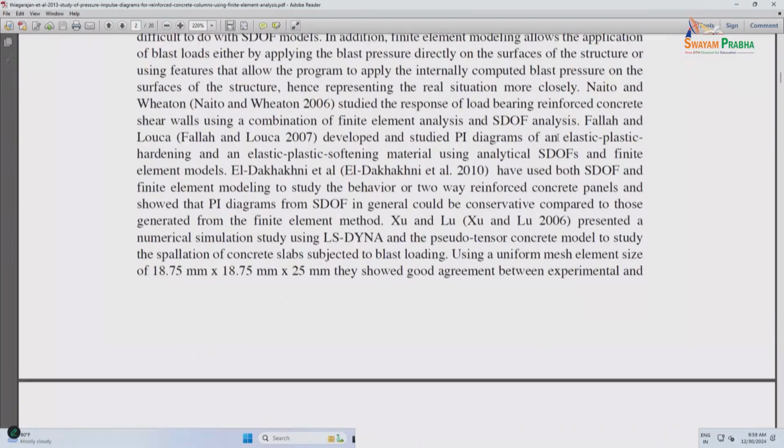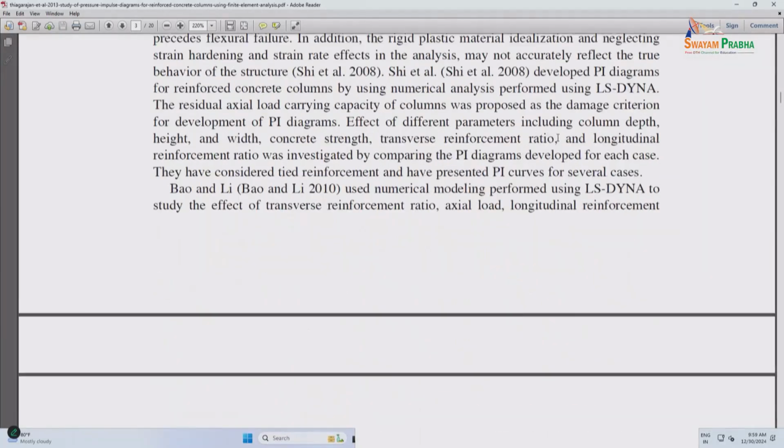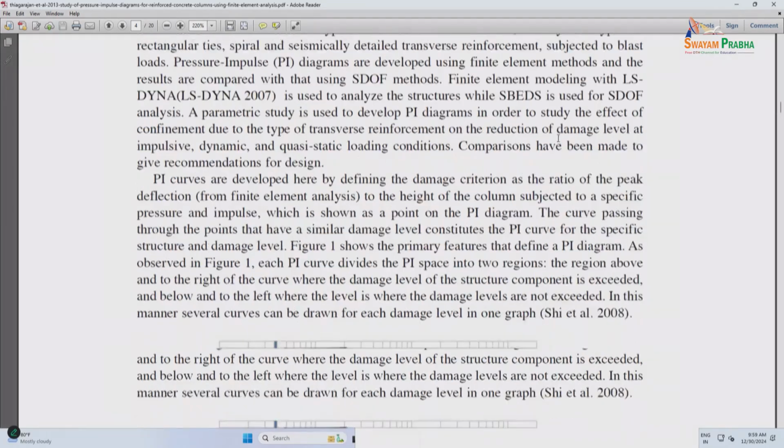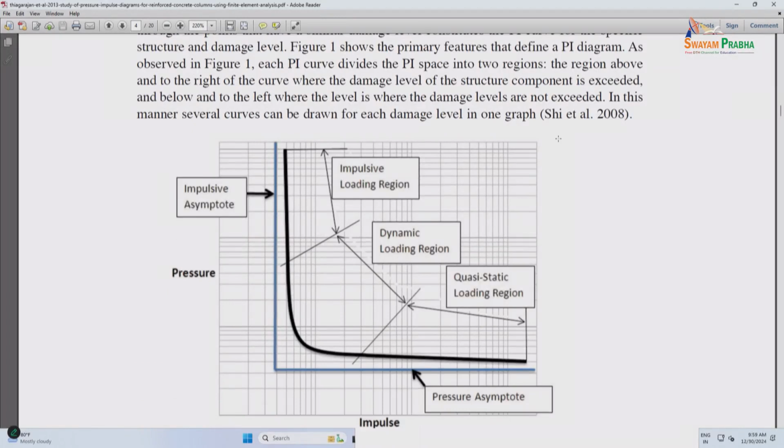What we did in this case is we talked about the objectives of it. So we see these different regions: the impulsive loading region, the dynamic loading region, and the quasi-static loading region. As we said earlier, this region is very difficult to do analytically because you have to solve the differential equations.